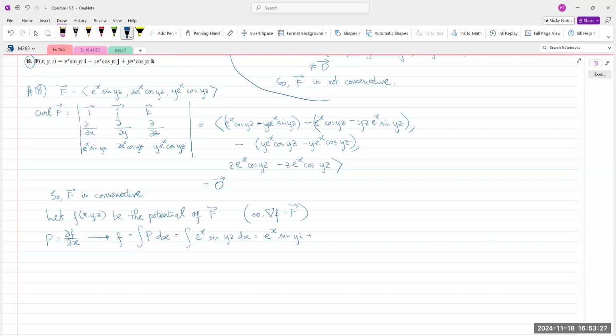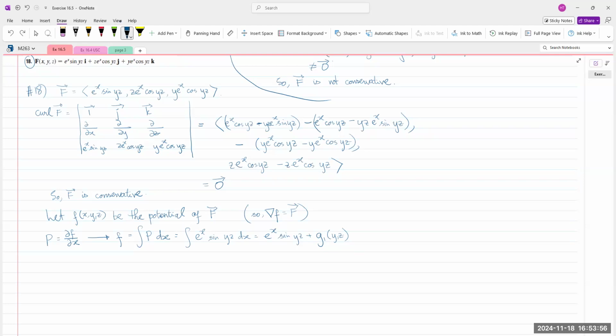Plus, call that g1, which is a function of y and z. Because if we do the partial of this function with respect to x, this will disappear, right? So when we do the integral, we anticipate we may have a function depending on y and z only.